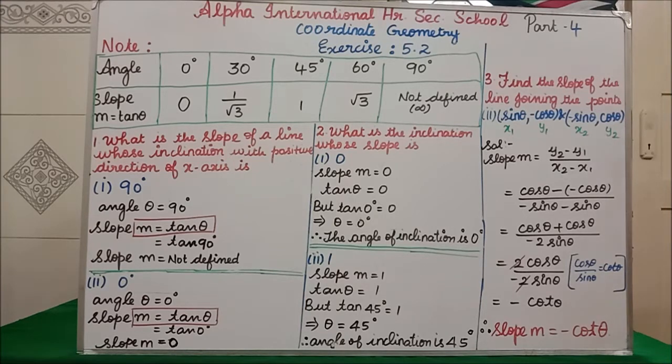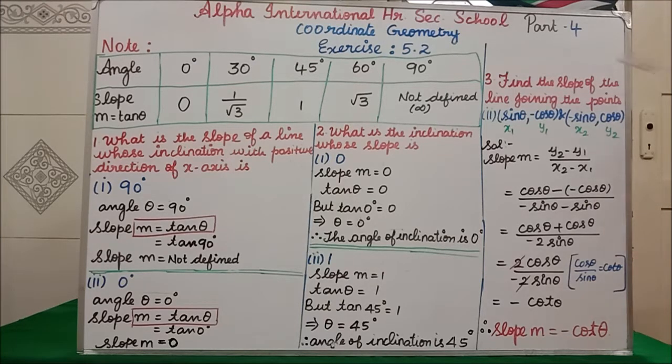Now, 2 points are given, so what is the formula we have written? Slope m is equal to y2 minus y1 divided by x2 minus x1. Clear? If 2 points are given, the formula is y2 minus y1 divided by x2 minus x1.